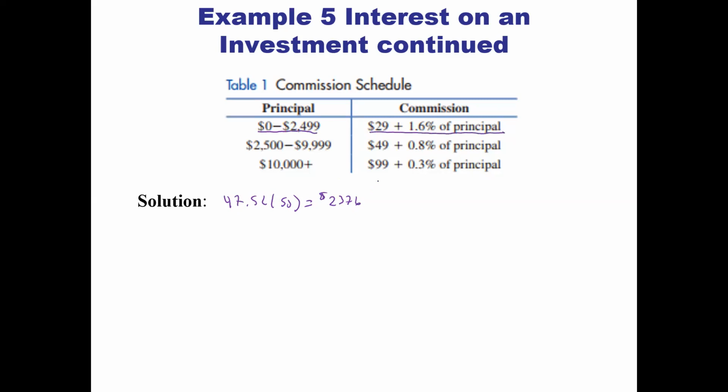All right, so how much commission? Well, that's going to be $29 plus. Now remember, we have to convert percents to decimals, so it's going to be 0.016 times our 2376.